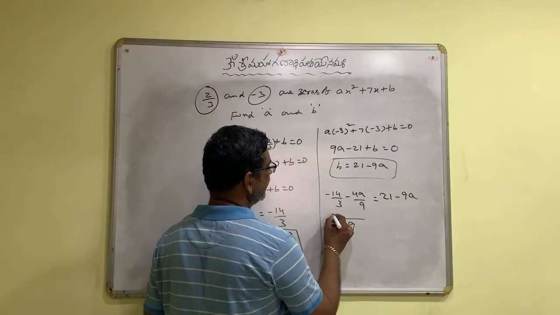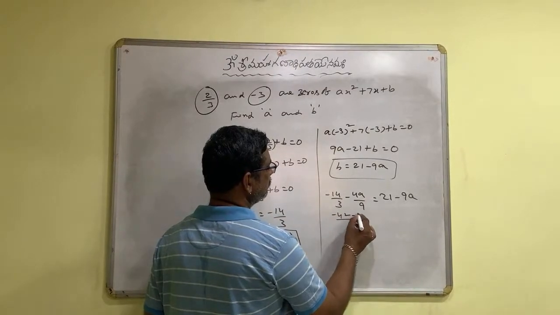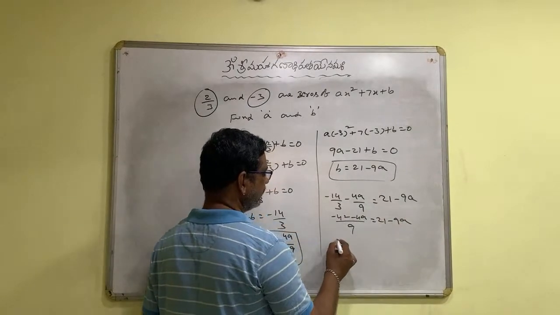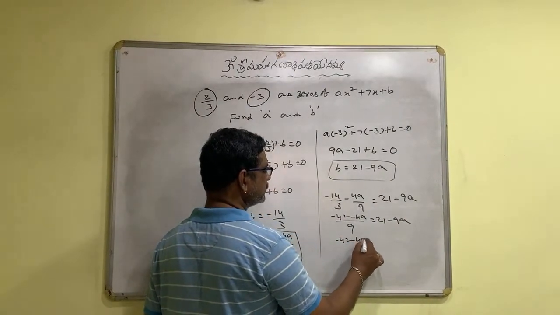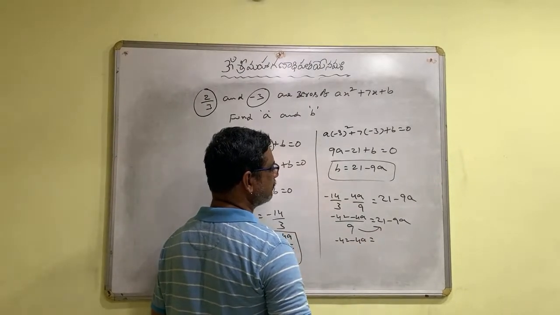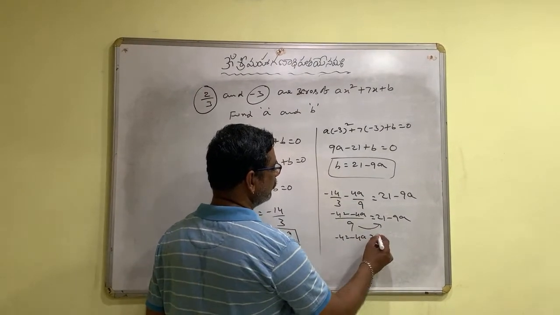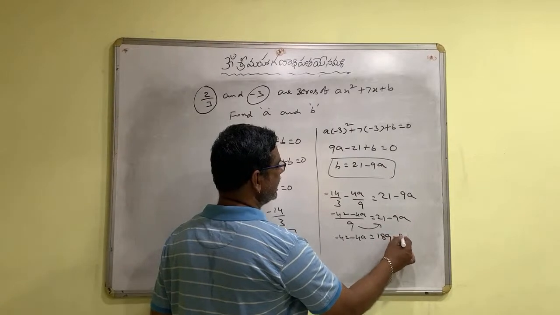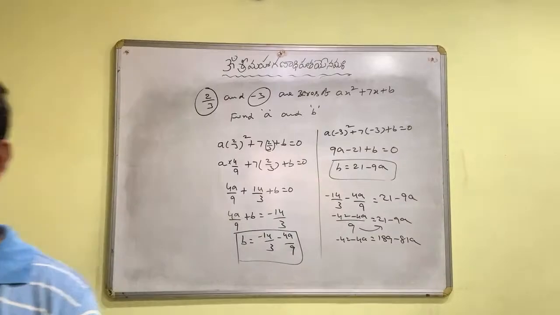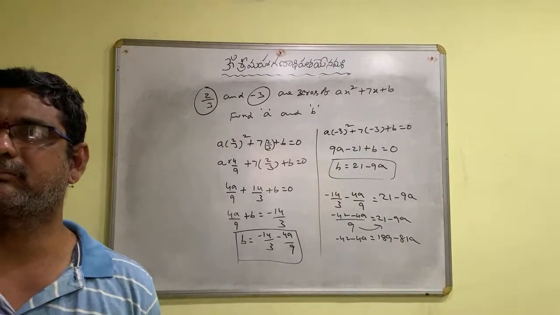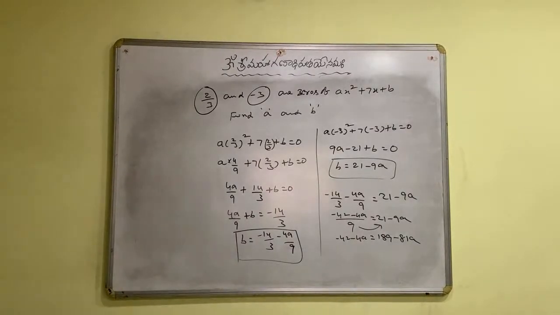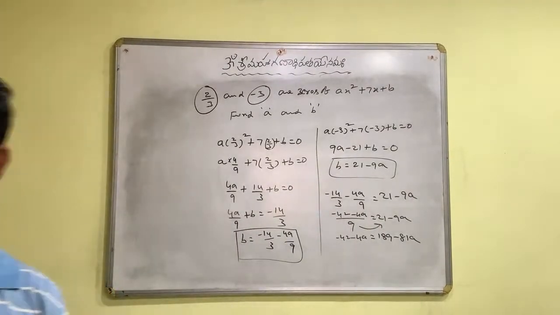So 3 times negative 42 minus 4a is equal to 21 minus 9a. We go that side and get multiplied. 189 minus 81a. Find out a value, children.